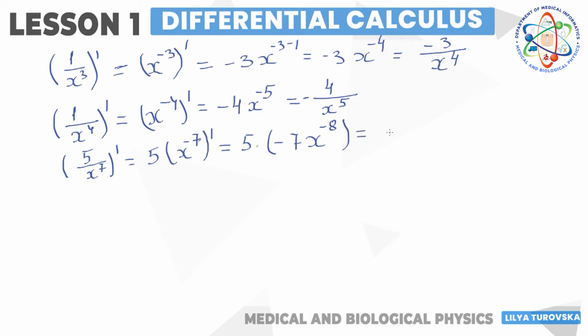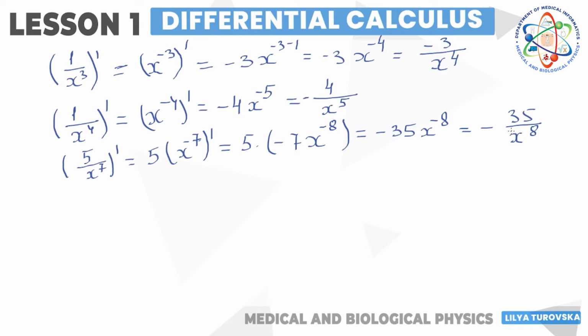What do we get? 5 times 7 is minus 35 x to the negative 8 power, or minus 35 over x to the 8th power.